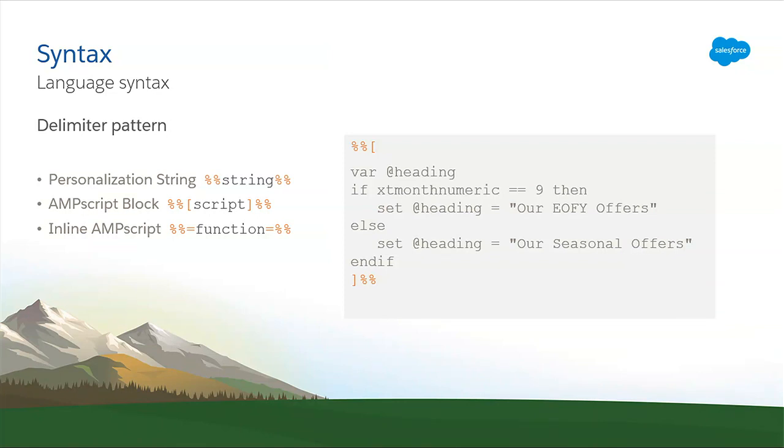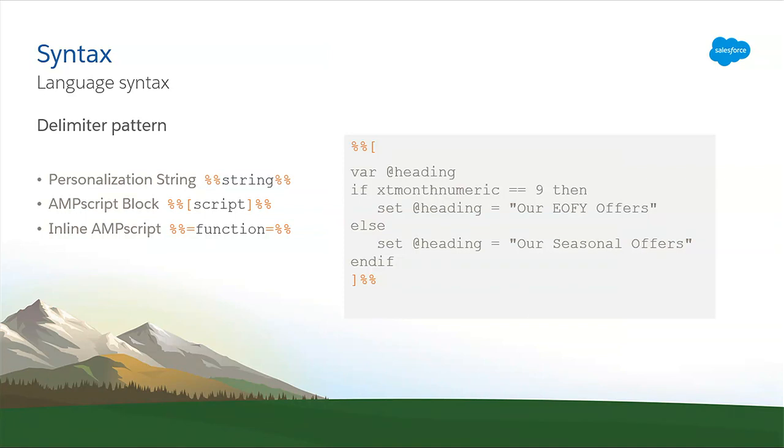So let's take a look at an example here. I've got an if statement where, based on that personalization string, XTmonth numeric, and I know I said that personalization strings have to have percentage marks, but they don't when used in the context of AMPscript blocks or inline AMPscript. You can, or actually should, remove them.